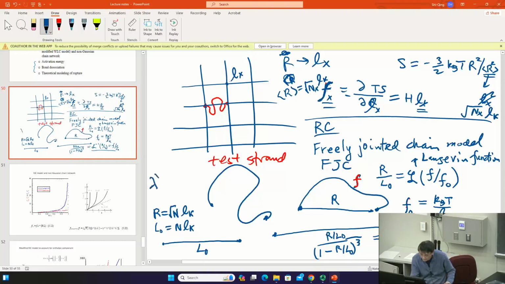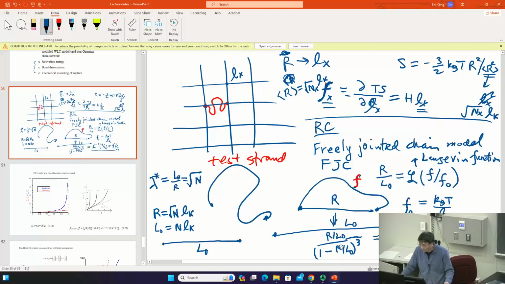You see, this coil can only stretch this much before it gets straightened, starting with R, going to L0. And this expression tells you it's nothing but square root of the chain length. So you already learned something quite new, this lambda star. It's the limiting stretching amount you can have.